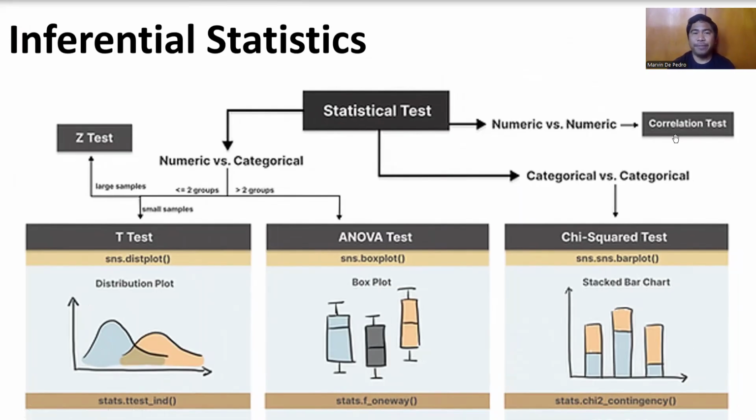Okay, but if both of our variables involve categorical data, then we cannot do the common tests that we have, or what we call parametric tests. Instead, the simplest non-parametric test that we can do is the chi-squared test.